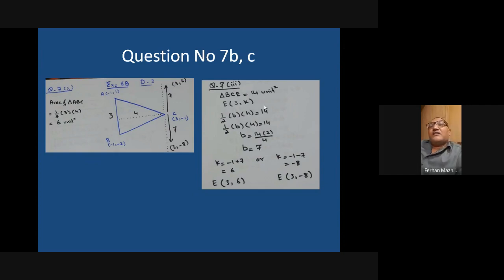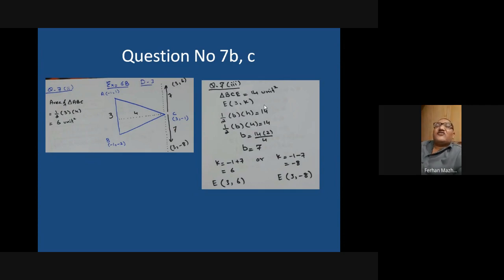Its x coordinate is 3, so I have drawn a black dotted line, the vertical dotted line passing through the C. The E point is on that line. How do I know this? Because the x of the E is 3, so it is supposed to be on this line.